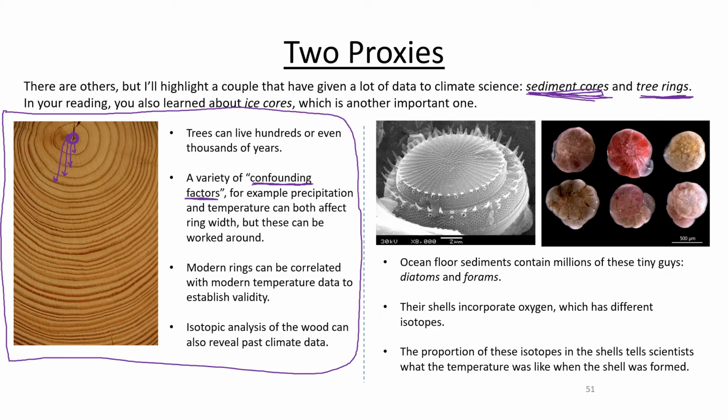For example, precipitation and temperature, both of those things can affect the ring width in trees, and they'll affect that ring width different amounts depending on whether there was too little rain or way too much rain combined with high or low temperatures. The species of the tree matters, and also where the tree is in terms of elevation, in terms of its proximity to groundwater, things of that sort. So there's a lot of so-called confounding factors. However, they can actually be worked around.